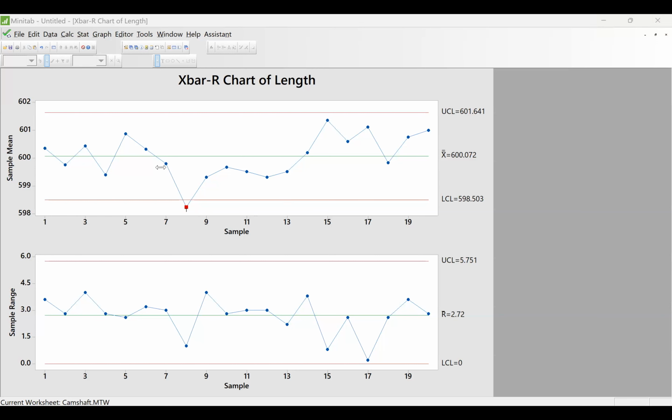Saravanan, are you there? Okay, yes. Saravanan, tell me why your subgroup average is out of control. You were the manager at that time. What happened? See, the subgroup average has to be under control, yes or no?